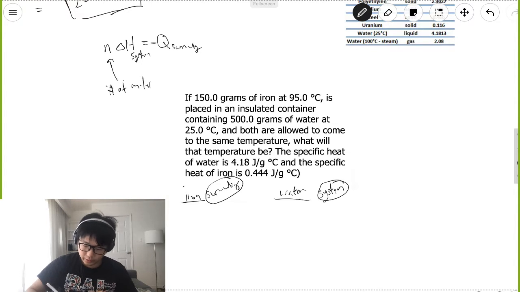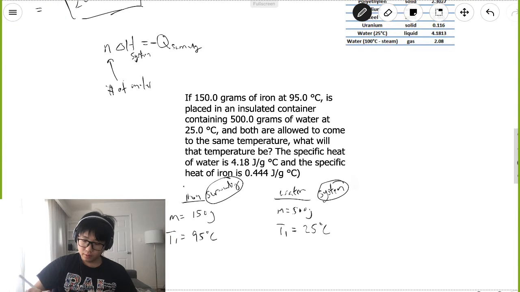All right, so a couple of things. We have the mass of the iron as 150 grams. We have the mass of the water as 500 grams. Second thing is we have their initial temperatures. T1 is going to be 95 degrees Celsius here, and T1 is going to be 25 degrees Celsius here. All right, and both are allowed to come to the same temperature.